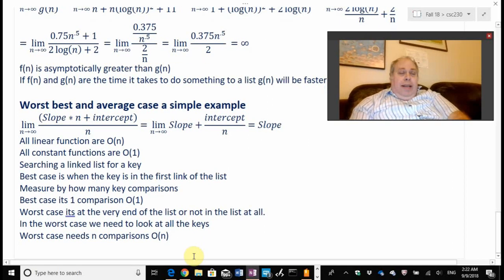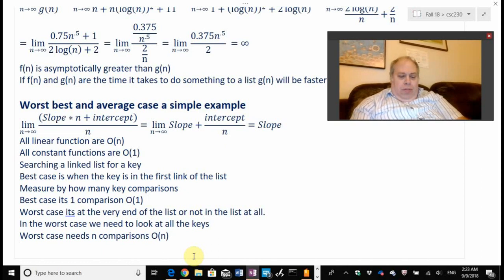Now the average case is more complicated because we need to know how often we succeed in finding the key and how often we fail. So let's create two new symbols.